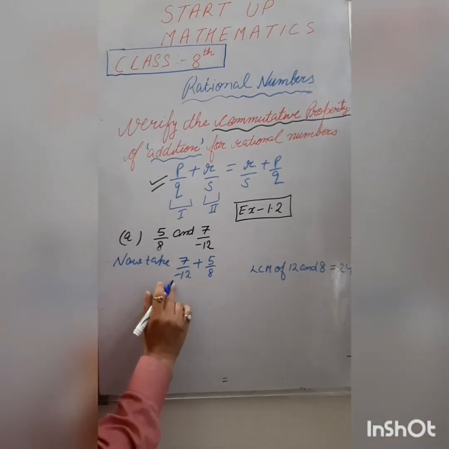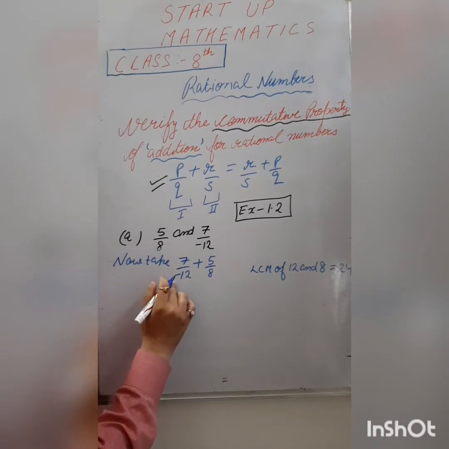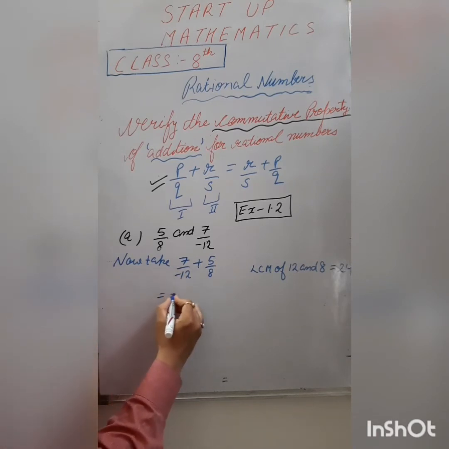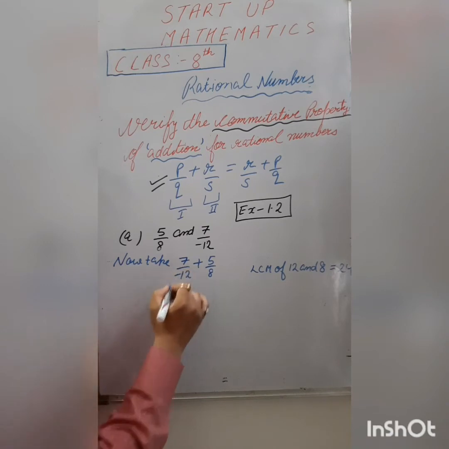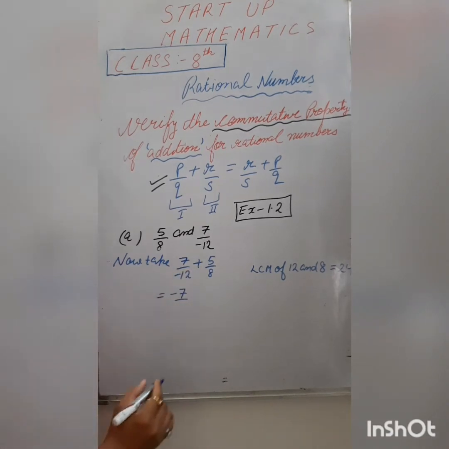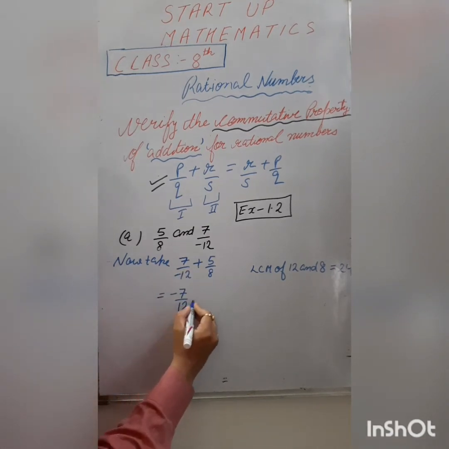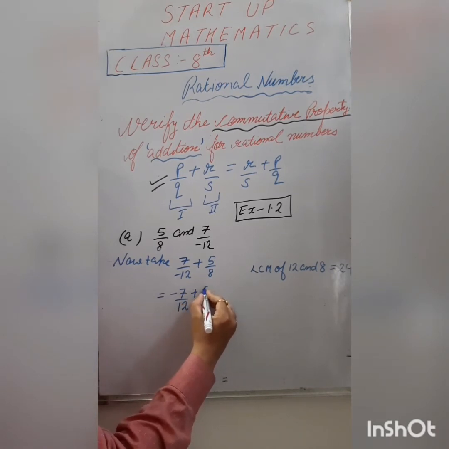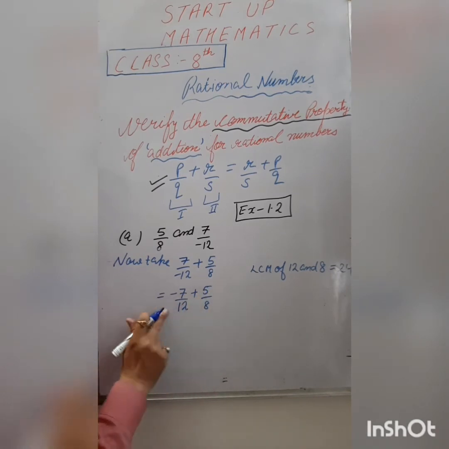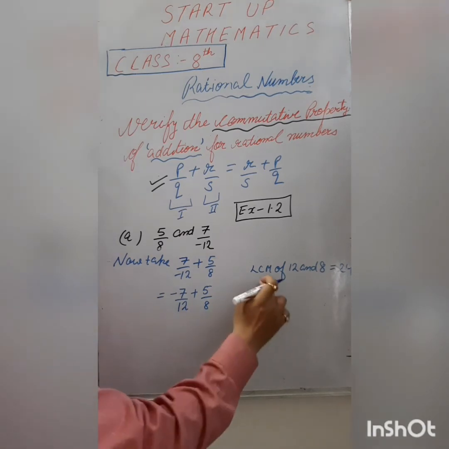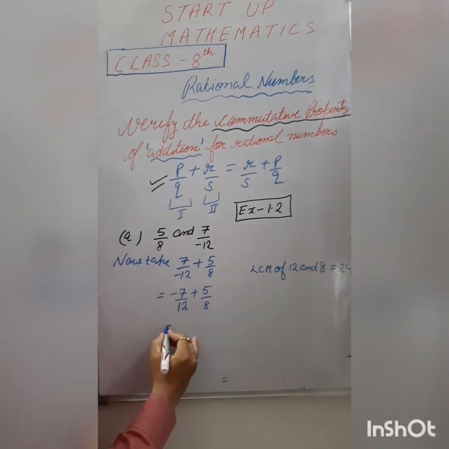So firstly make the denominator positive, take this sign to the numerator, or you can multiply the numerator and denominator by minus 1. So this is minus 7 upon 12 plus 5 by 8. Just make the denominator positive in the first step. Then the LCM is 24.